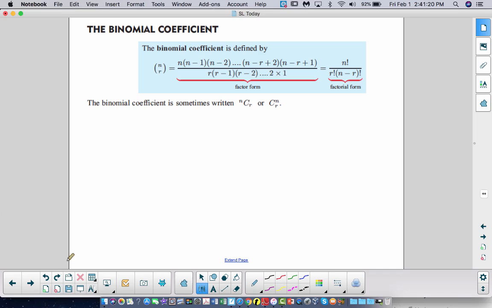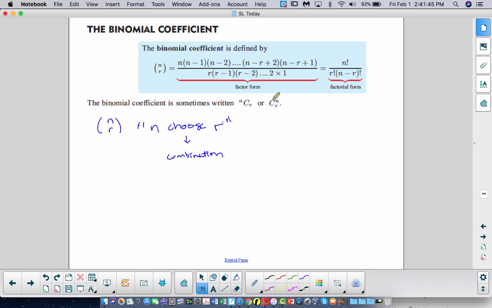So we need factorials in order to be able to find the binomial coefficient. So nCr is read n choose r, and I'm just going to put combination here. We'll get back to that in a second. It is a combination in probability.